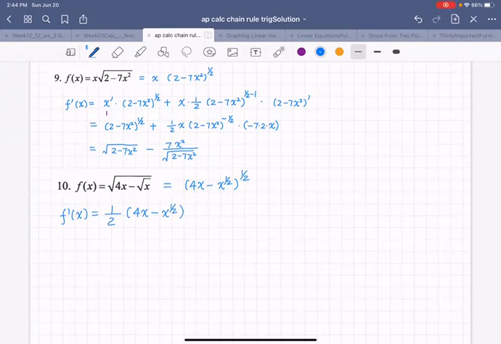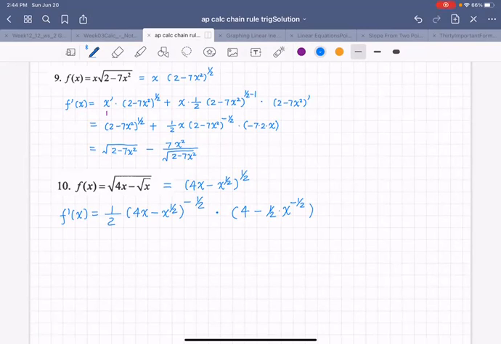And then you do 1/2 minus 1 for the power, that would be a -1. And then you do the inside, so 4x gives just 4, minus 1/2 x to the power of -1/2. That's beautiful. Very good.